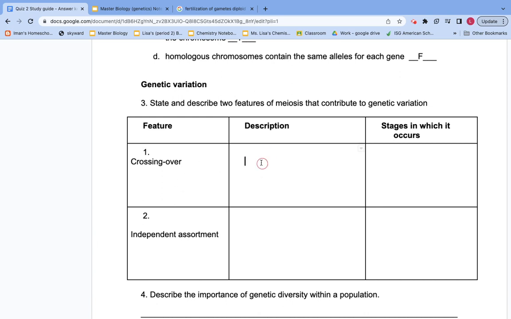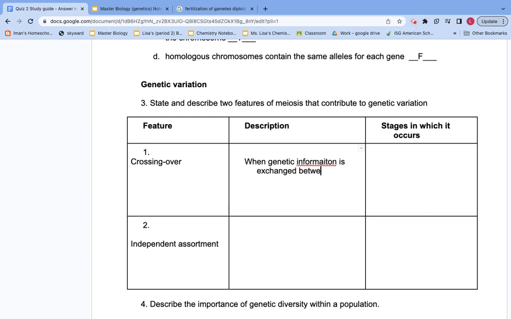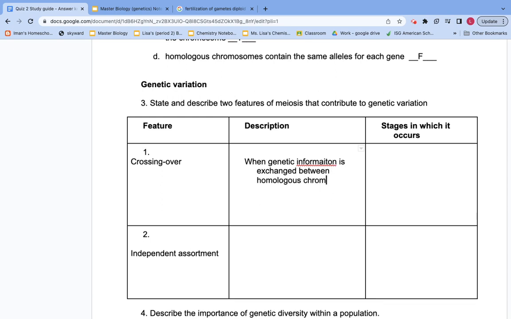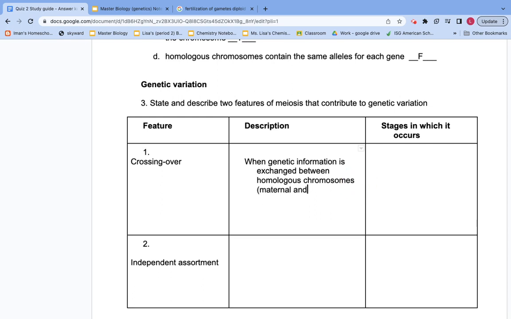Crossing over is when genetic information is exchanged between homologous chromosomes, the maternal and paternal chromosomes.